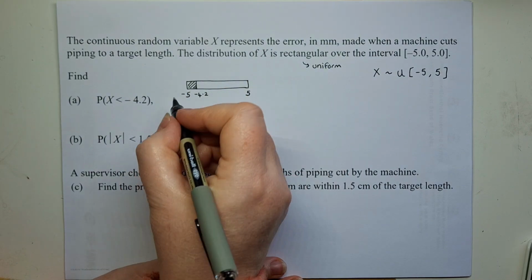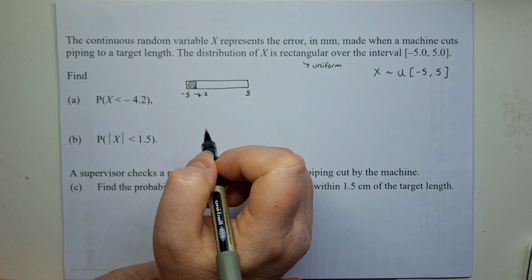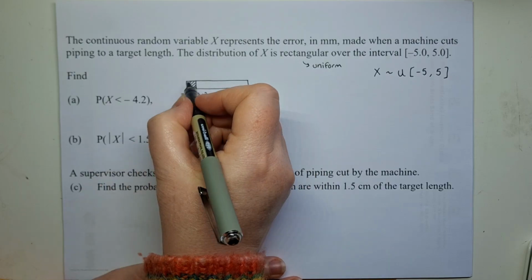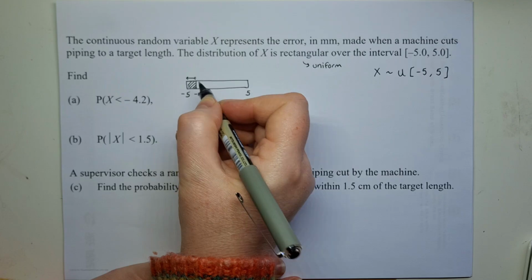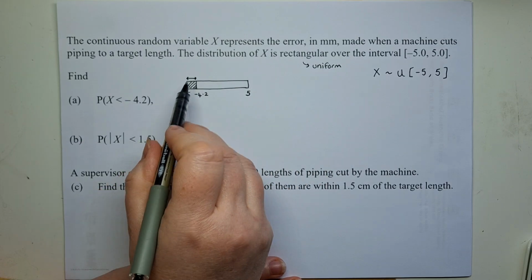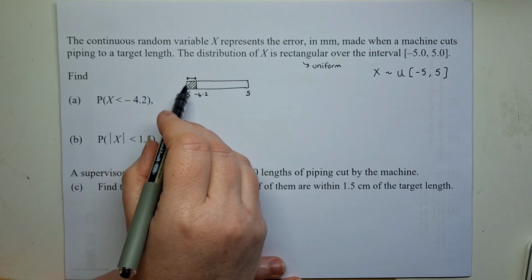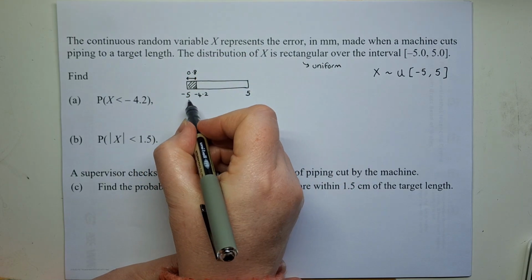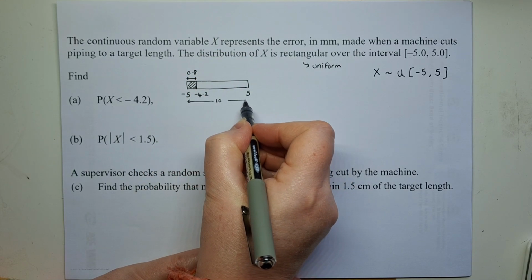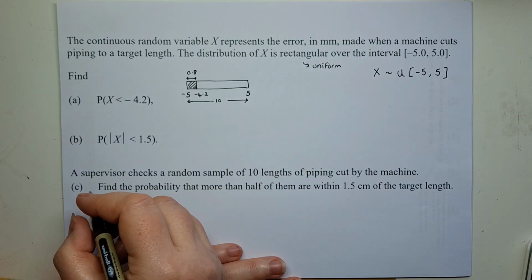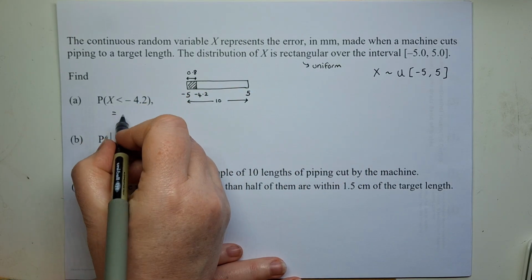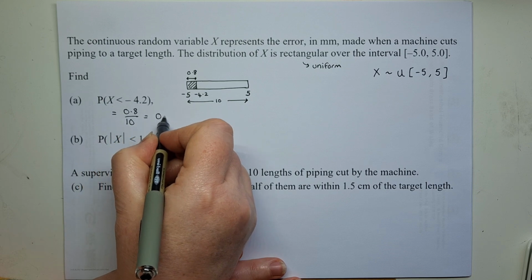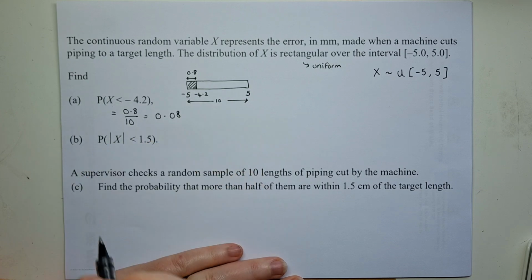So the probability of landing in there is the same thing as the area of that compared to the area of the whole thing, or the length of this little gap I've drawn the arrow there compared to the length of the whole thing. So we'll do the length. That length is a gap of 0.8, and the whole distance between start to end is 10. So our probability is going to be 0.8 over 10, which is 0.08, or you could express that as a fraction.